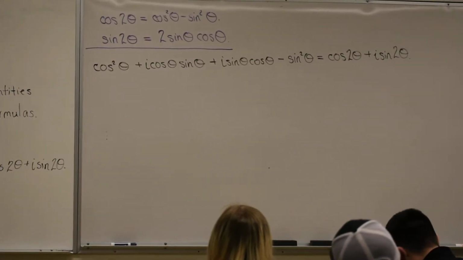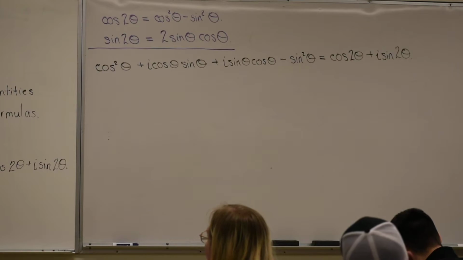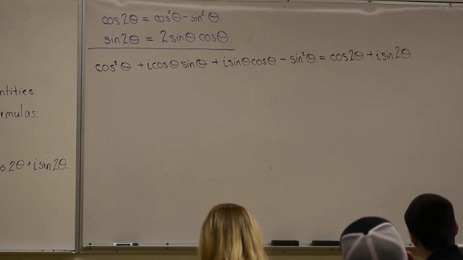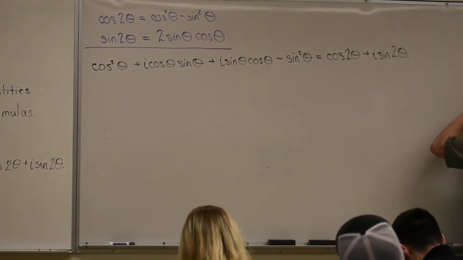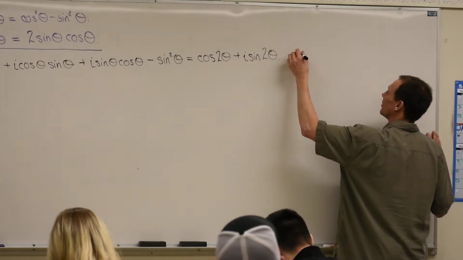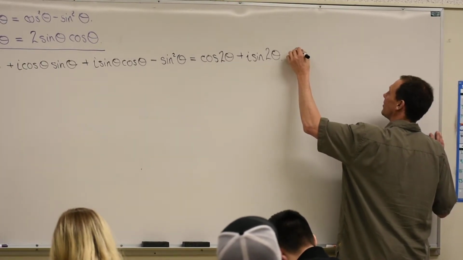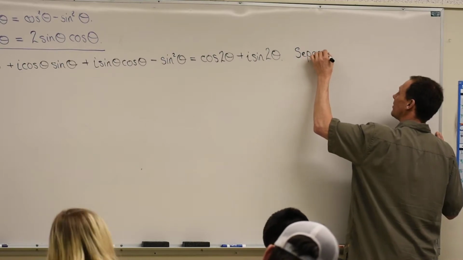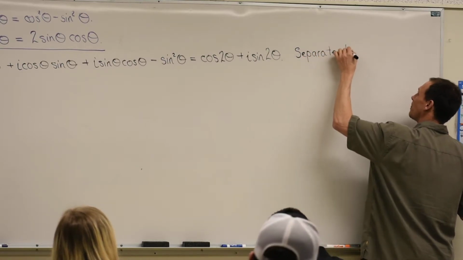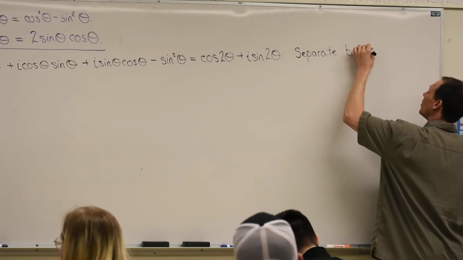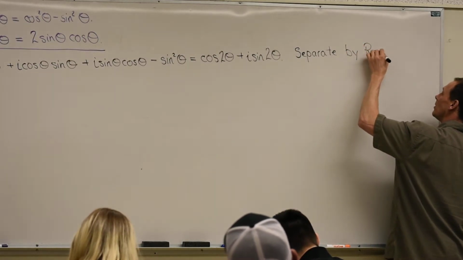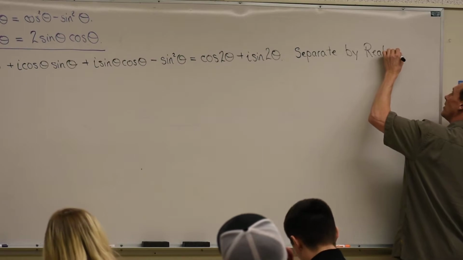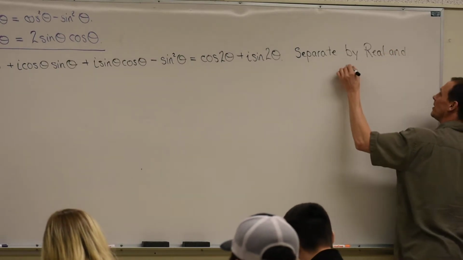So let's separate this into real and imaginary components. Let's take advantage of the fact that we're in the complex field. So we're going to separate by real and imaginary.